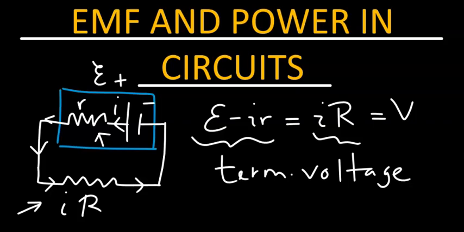And you can immediately see that the terminal voltage is less than the EMF of the battery. So we clearly see that the internal resistance within a battery tends to lower the terminal voltage to be less than the EMF of the battery itself.